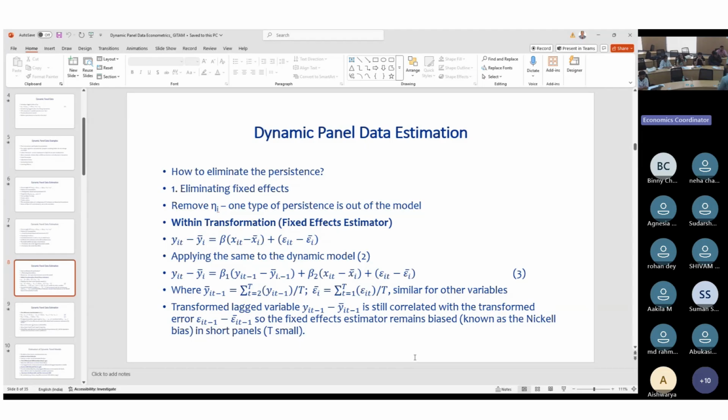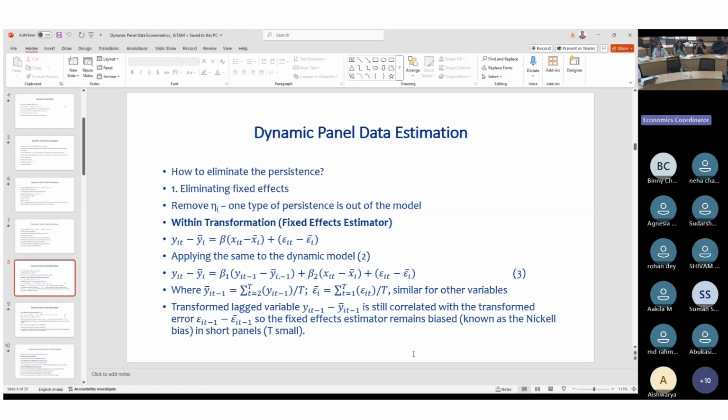Now, is this solving our problem of autocorrelation? Is model number 3 that we are looking at solving the problem of autocorrelation? Because here you have yit minus 1 minus yi bar dot minus 1.